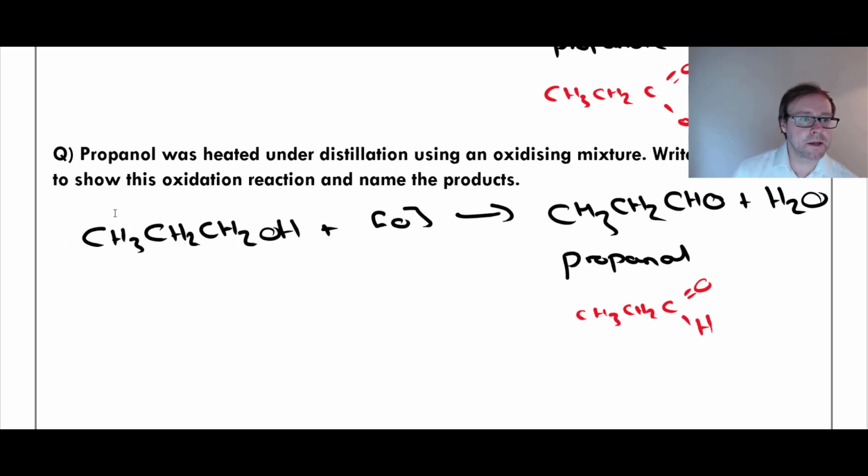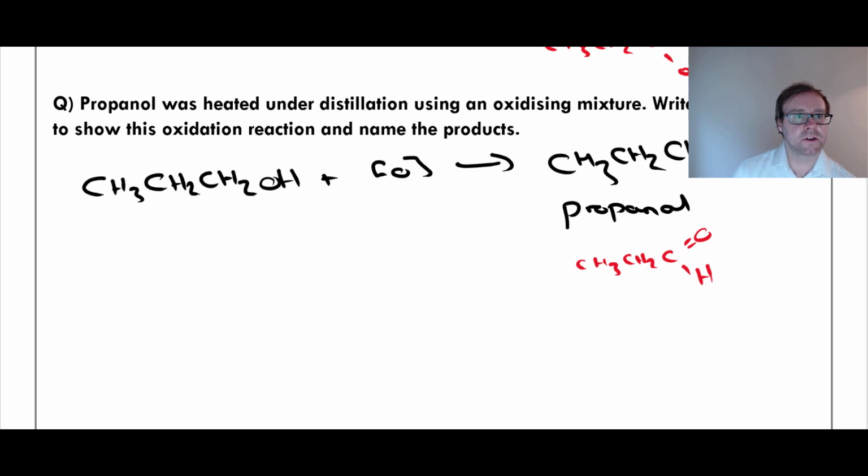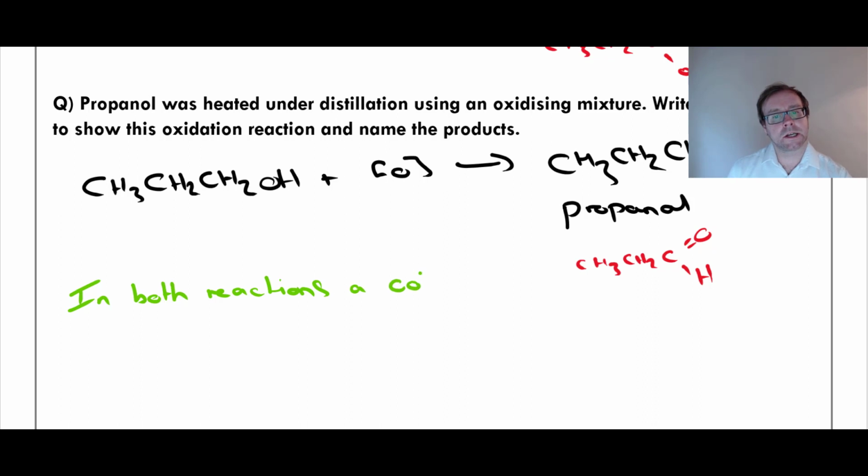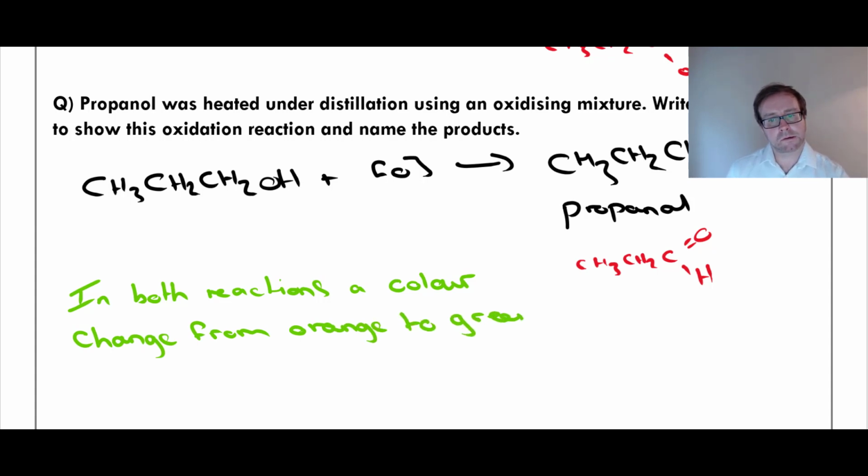And remember, in both reactions a color change from orange to green will be seen if we're using potassium dichromate. Okay, and that's it for alcohols.